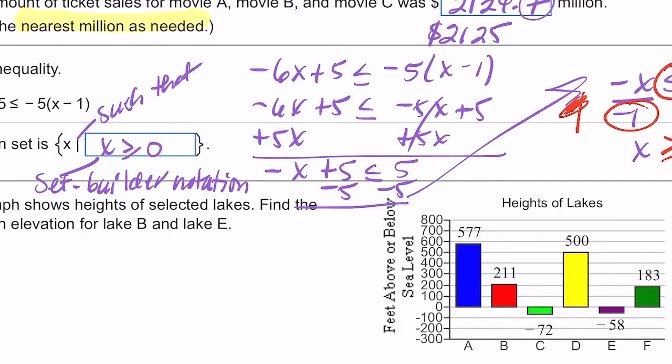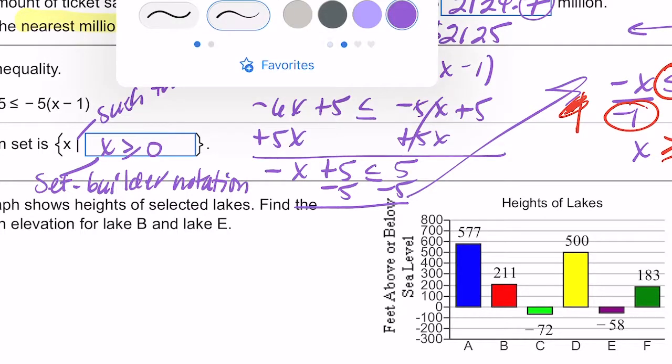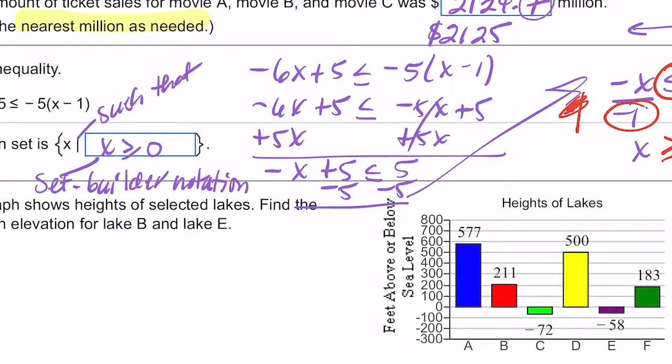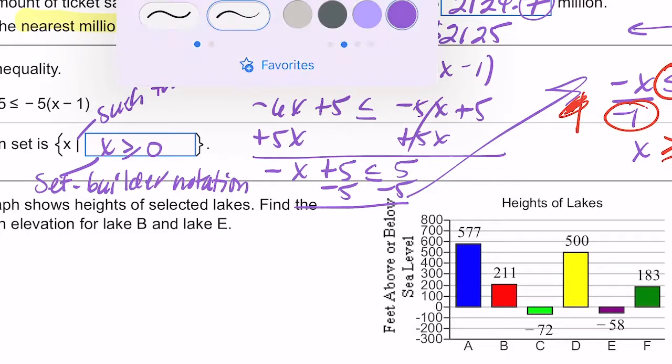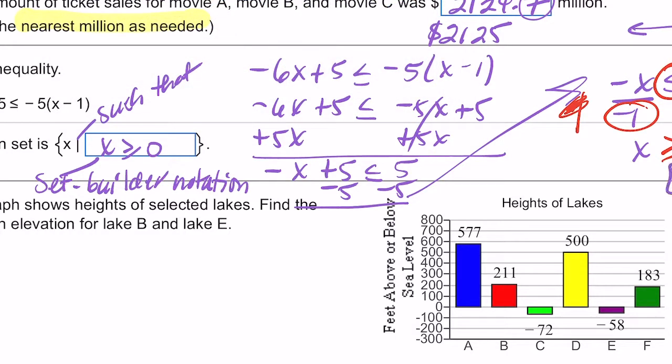In interval notation, if you think about a number line, here's 0, and remember that it's greater than or equal to, so we would use brackets. Greater than or equal to 0 would go to the right. So that's what it would look like on the number line. If you were writing it in interval notation, then it would be bracket 0 all the way to infinity.